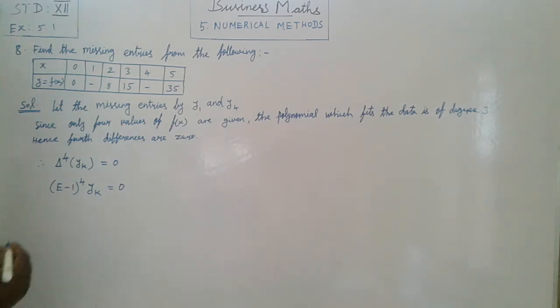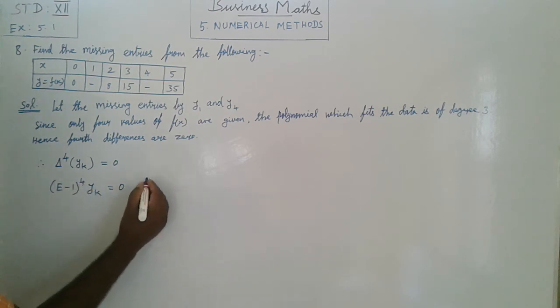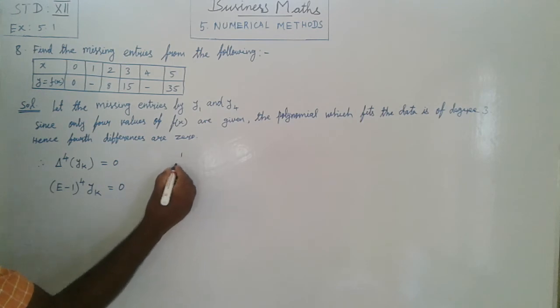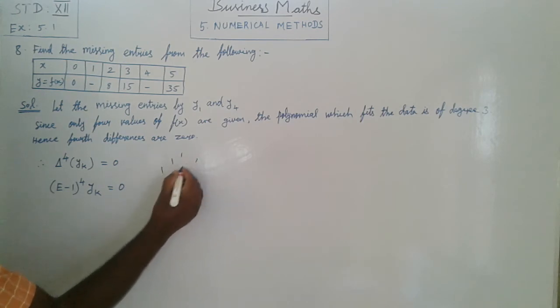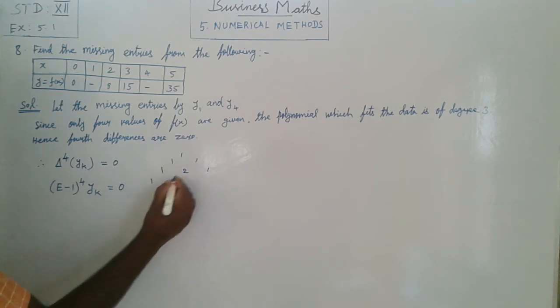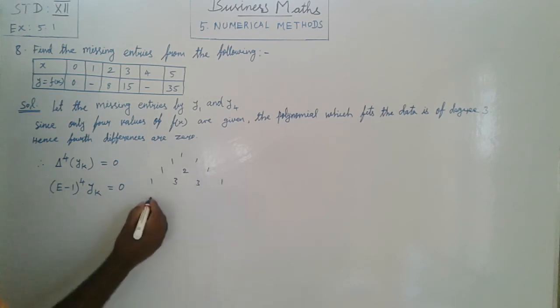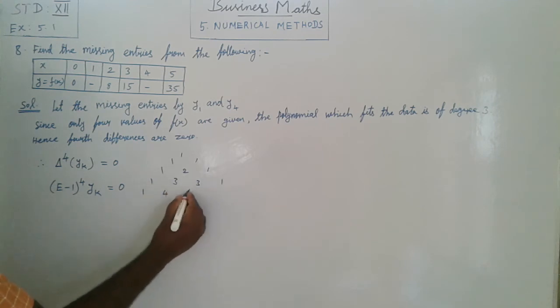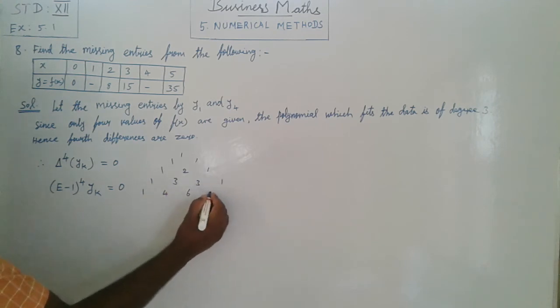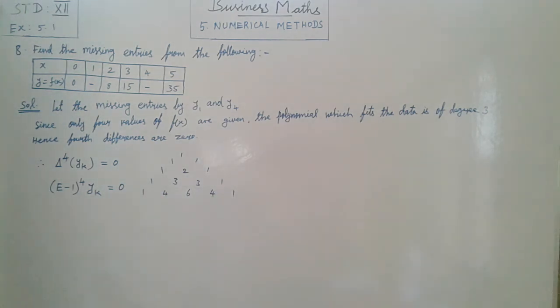Here e minus 1 whole power 4, we should expand. 1, 1 1, 1 plus 1 is 2, 1, 1 plus 2 is 3, 2 plus 1 is 3, next 1. Next the fourth row: 1, 1 plus 3 is 4, 3 plus 3 is 6, 3 plus 1 is 4, 1. Pascal triangle for the fourth term. Expand with the fourth term.